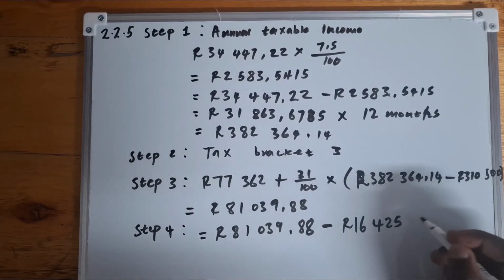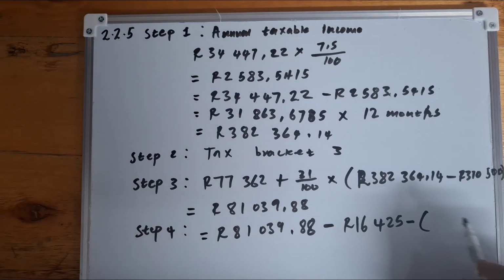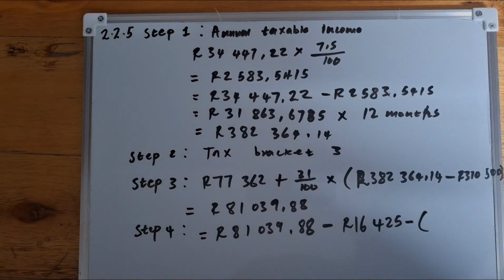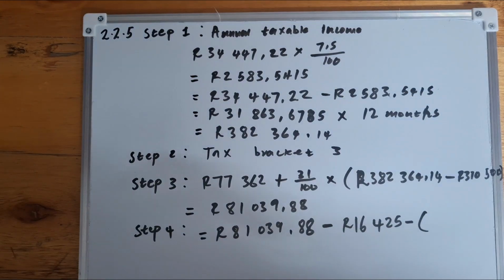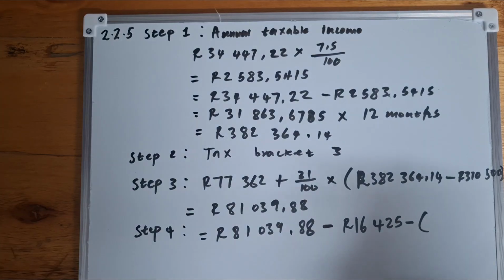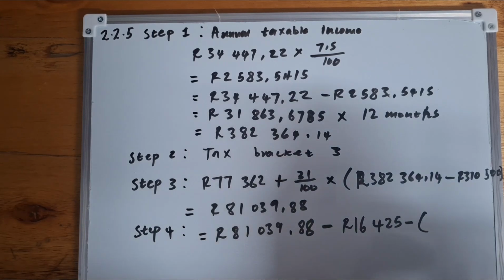Then we are going to subtract her medical aid credits. In order to calculate her medical aid credits, we must look at the amount of medical aid she pays, and we can determine that by looking at the dependents or the people she pays medical aid for. According to the scenario, she has medical aid for herself, number 1, her husband, number 2, and her 2 children.